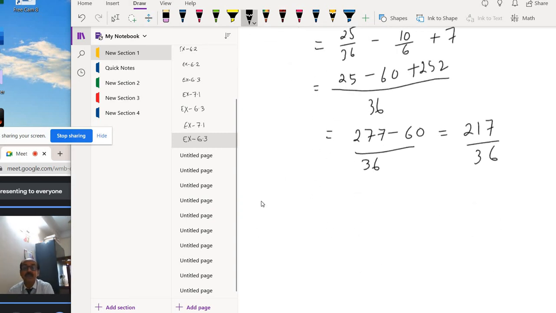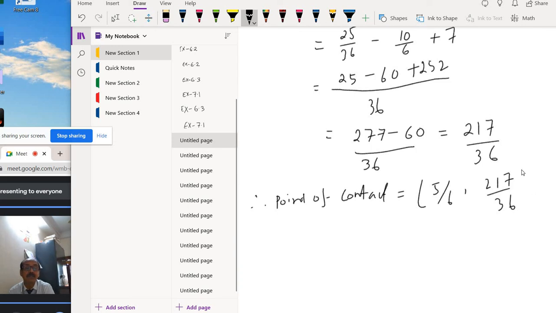Okay. Therefore, the point of contact is (5 by 6, 217 by 36). This is the point. Okay.